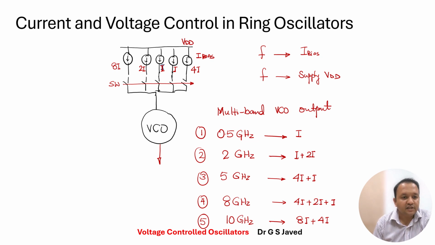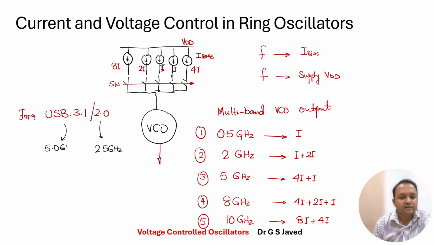Now this kind of topology is very frequently used in wireline and wireless systems. For example, if you would use a protocol like USB 2.0 and 3.1, you know that the frequencies needed by both of these, for example, the 2.0 could be working at, say, an example, 2.5 gigahertz, and the USB 3.1 might be working at 5.0 gigahertz.